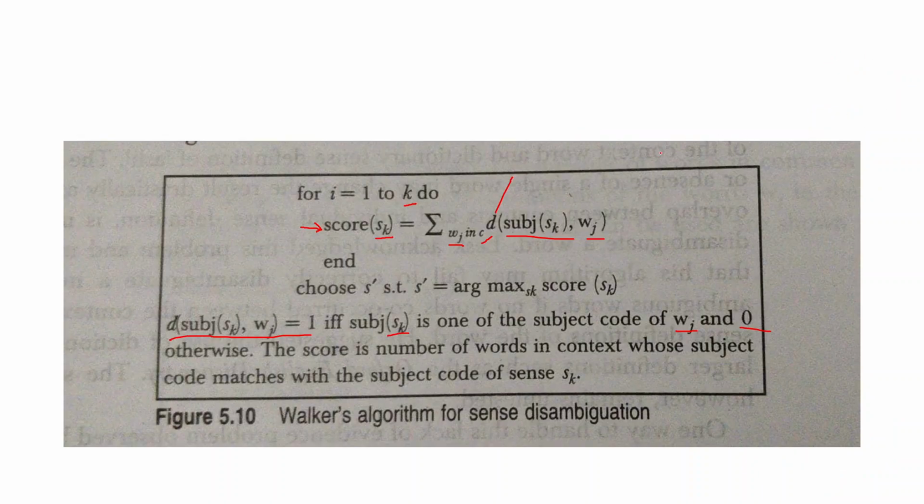Okay, so that particular sense, the sense associated with economic or financial institution, will be taken. Okay, the score is the number of words in the context whose subject code matches with the subject code of the sense. So how many matches are there? You find that out as the score, and then you do an argmax. That is, the sense which has the highest score is the one you take. Okay, so that is Walker's algorithm.